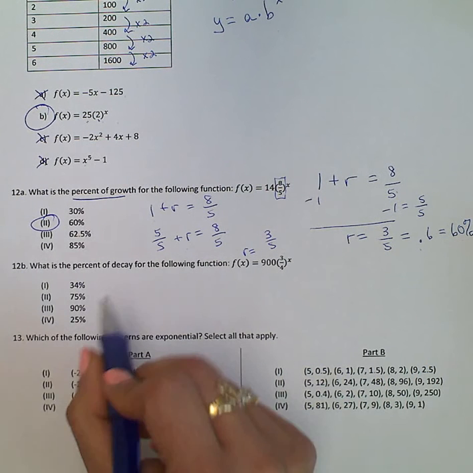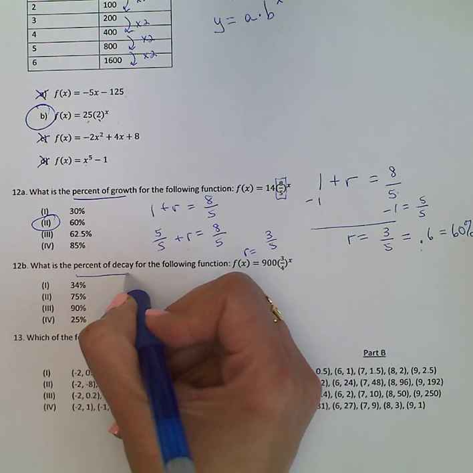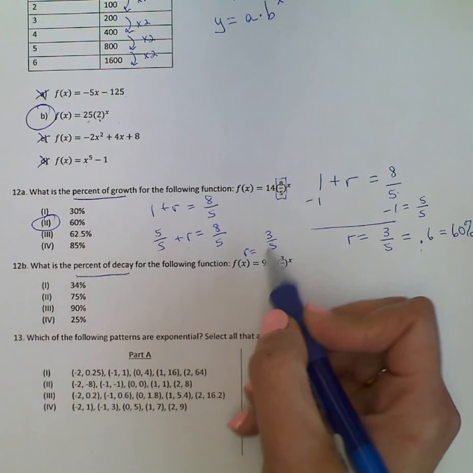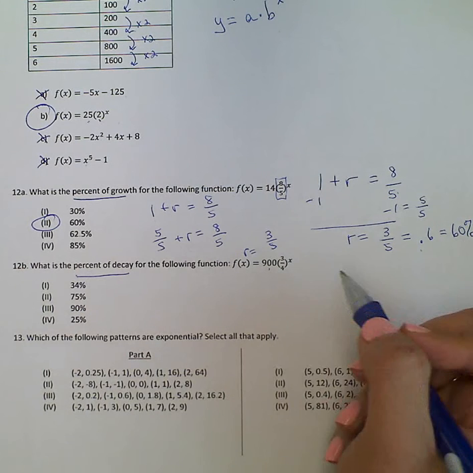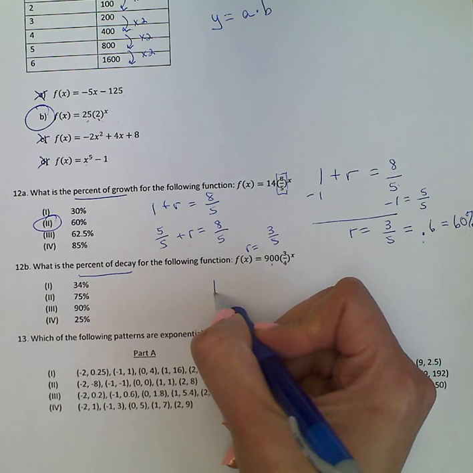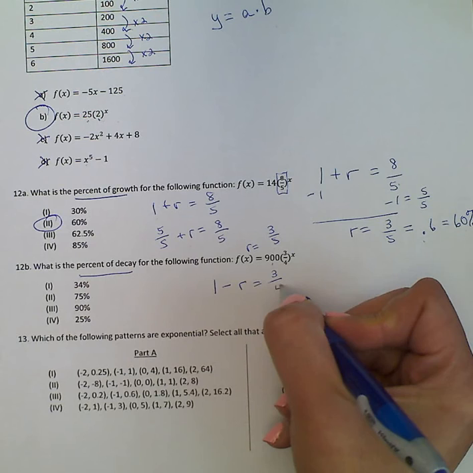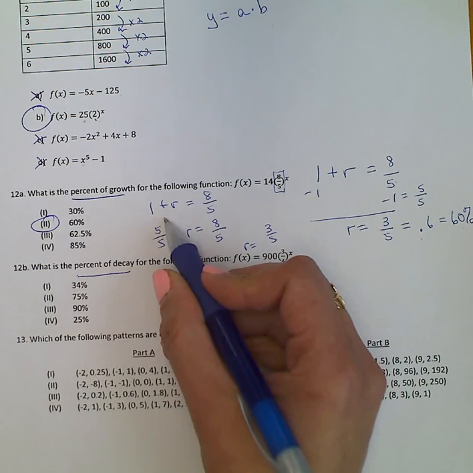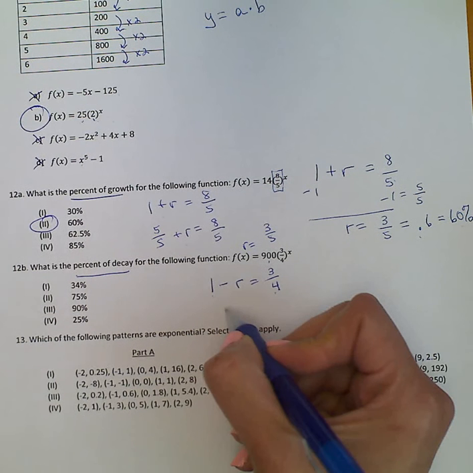All right, 12B. What is the percent of decay now? So now it's going down for the following function. 900, f of x equals 900 times 3/4 to the x. So again, I'm starting with my 100% or my 1, and this time I'm subtracting something off to get 3/4. So I'm going to use the same idea as I did up here, common denominator. So if this is 3/4, I want to think of 1 as 4/4.